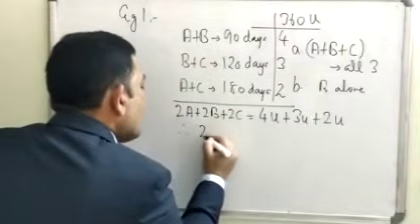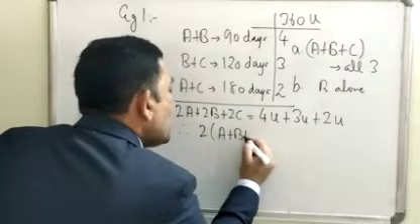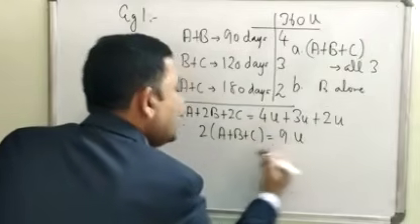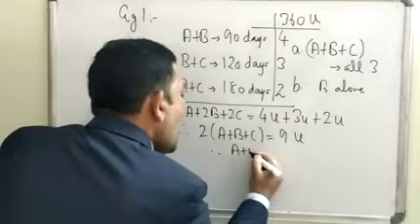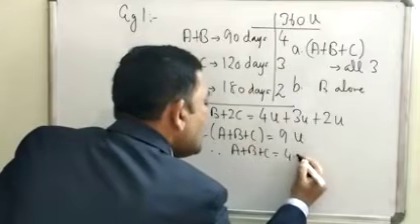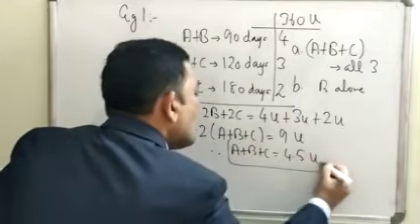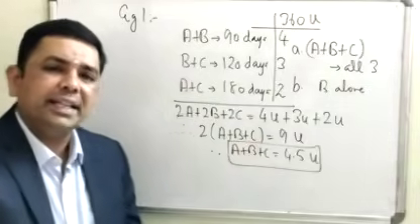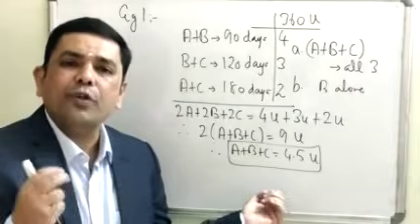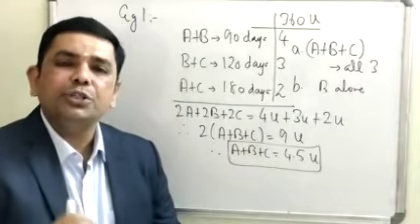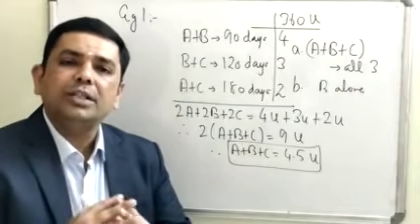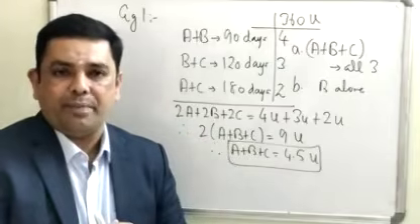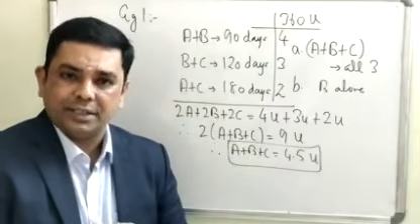Therefore, from here I can say that twice of A plus B plus C is 9 units. And therefore, A plus B plus C is 4.5 units. The moment I get this value, in fact from here, you are in a position to be able to answer all the questions that can be framed, that can be asked.